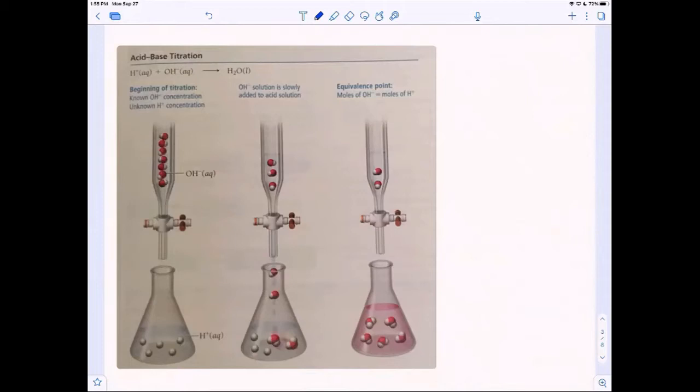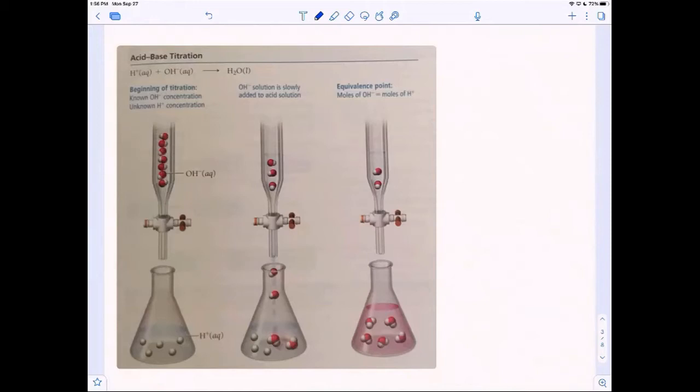But when you do titration, you start with something, typically an acid. Well, it depends on what you're titrating. In this case, you're titrating an acid with a base, and then you get to the end point of the reaction. When you do a titration, you have to know one of them, kind of like with mathematics and degrees of freedom.